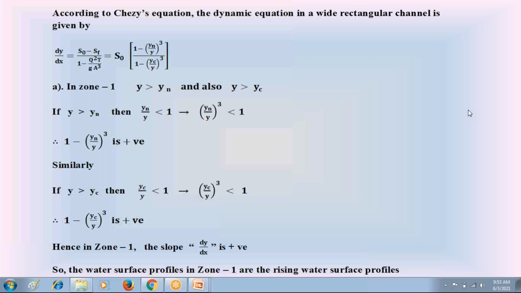You know that in open channels, some water surface profiles are in zone 1, some are in zone 2, some are in zone 3. So you should know what the slope dy by dx of the water surface profile in zone 1 is, whether that slope is positive or negative.